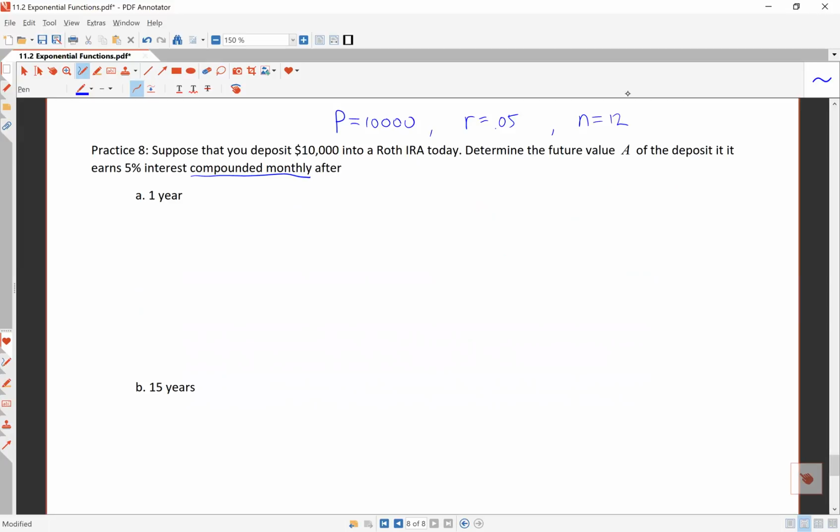We'll do this first for 1 year, which gives us A equals P times 1 plus R over N raised to the N times T. 10,000 is the principal, the rate is 0.05, N is 12, and T equals 1.